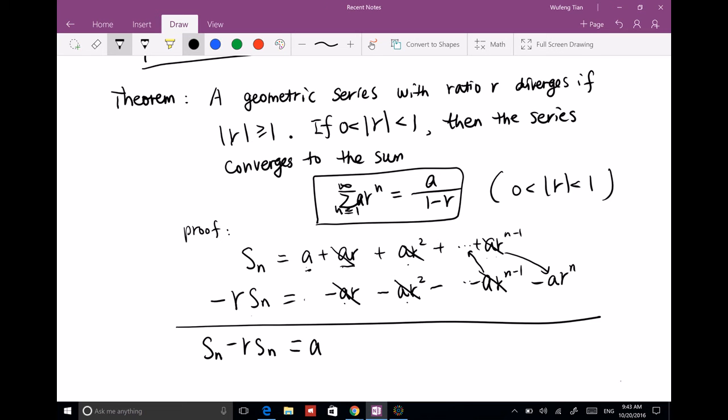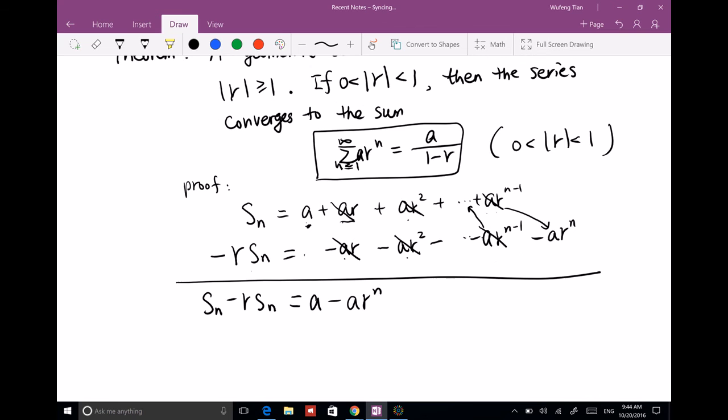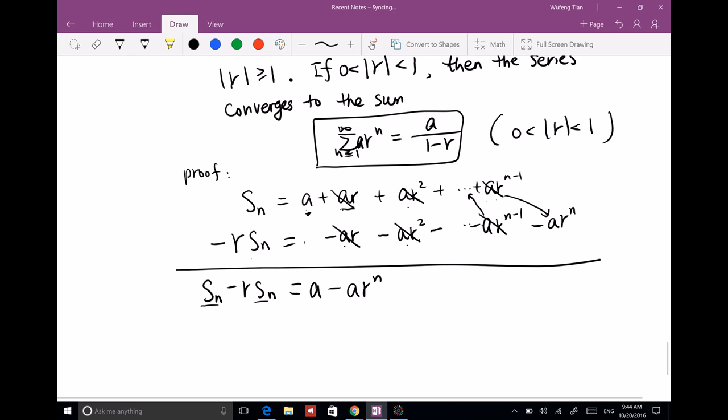But I still have the first term from the first equation and the last term from the second equation. So minus AR^n. That makes sense, right? This one has a common factor, which is Sn: Sn times (1 minus R). This one also has a common factor, A times (1 minus R^n).